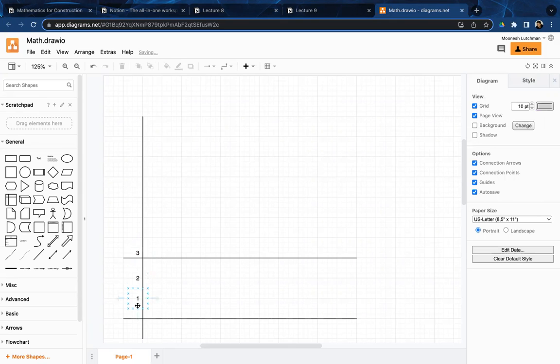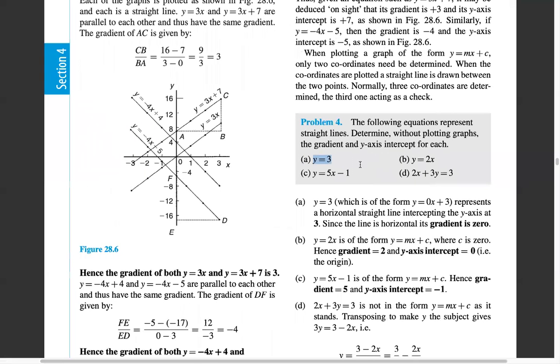So if you have 1, 2, 3 here, the horizontal line passing through the y value 3 is what this graph is.